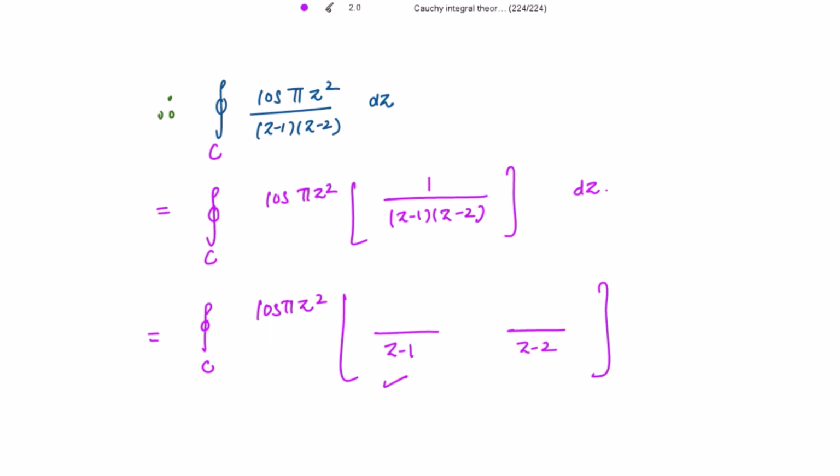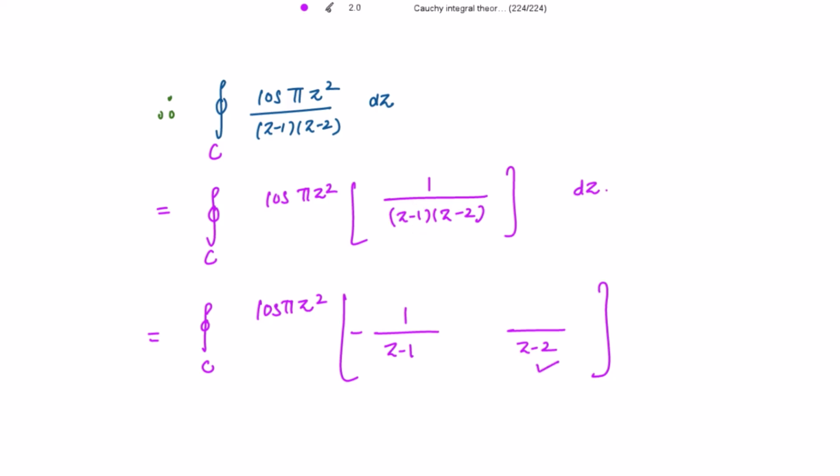When considering this z - 1, hide this, and putting this denominator equal to 0, we get z = 1. Put this point over here. We get 1 divided by 1 - 2, that is -1. So this is negative of 1 divided by z - 1.